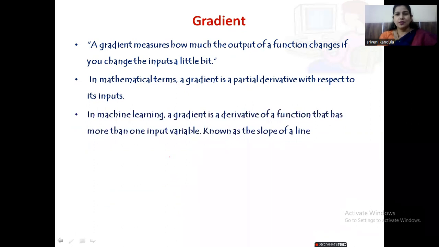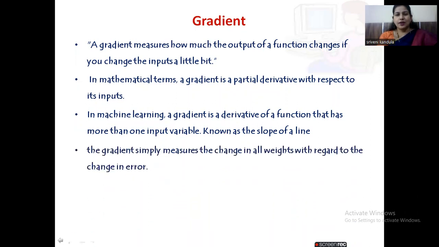The same mathematical concept, we are applying to the machine learning part also. Here also, we will be applying a partial derivative on the function which has more than one input variable. This we also call the slope of a line. So what will our gradient measure?